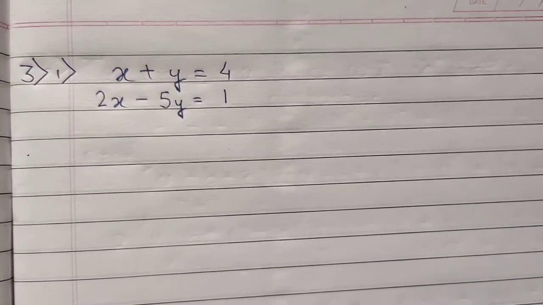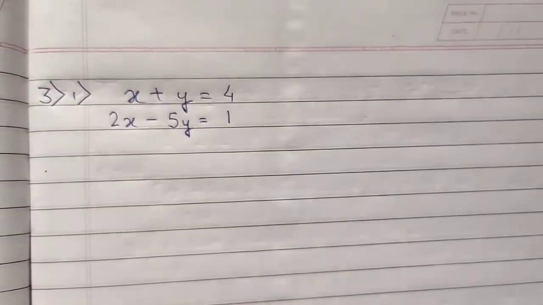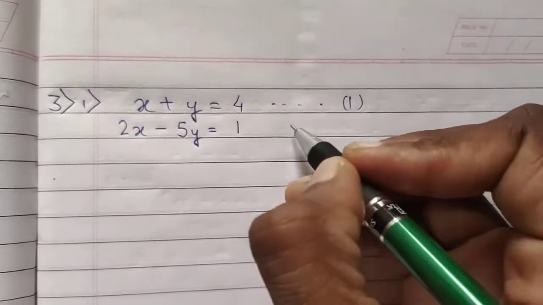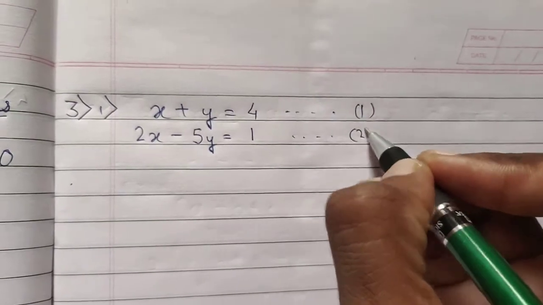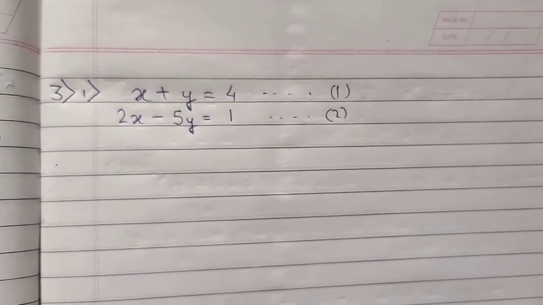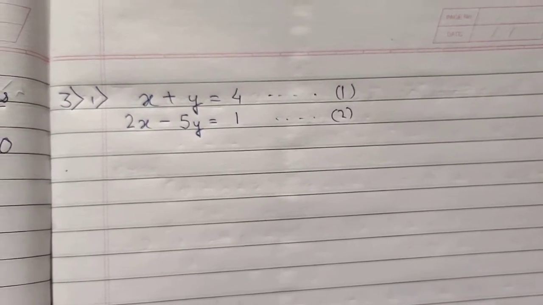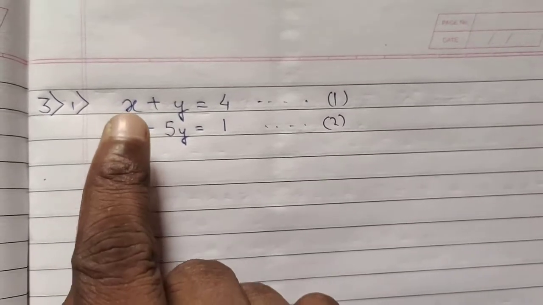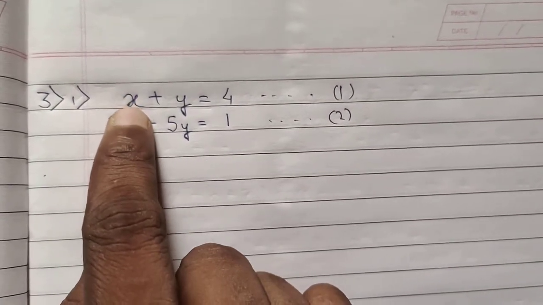Okay, so first what we will do, we will give the name to the equation. Let us call this equation number 1 and this equation number 2. Okay, now how to solve these two equations? See what I am doing. Concentrate on the solution. First see the coefficients of x here.